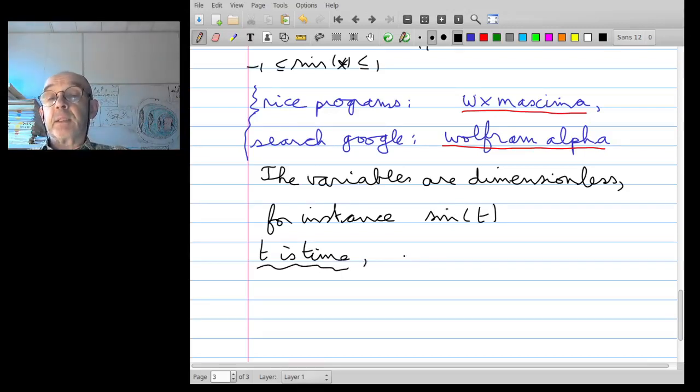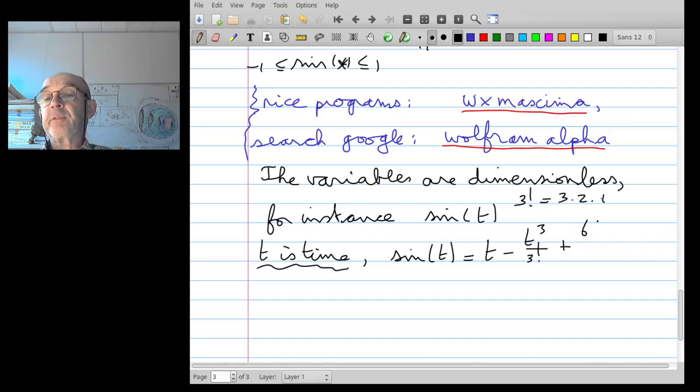Now, if your t is small, you can approximate your sine by t minus t to the power 3 divided by 3 factorial, and that will be 3 times 2 times 1, and plus t to the power 5 divided by 5 factorial, and 5 factorial will be 5 times 4 times 3 times 2 times 1.